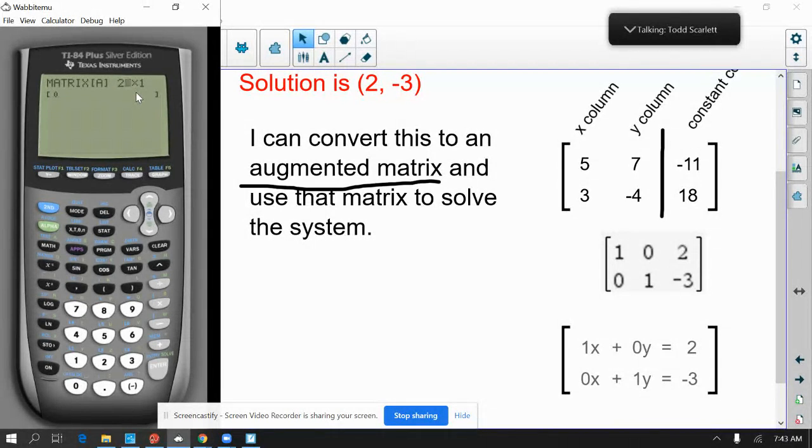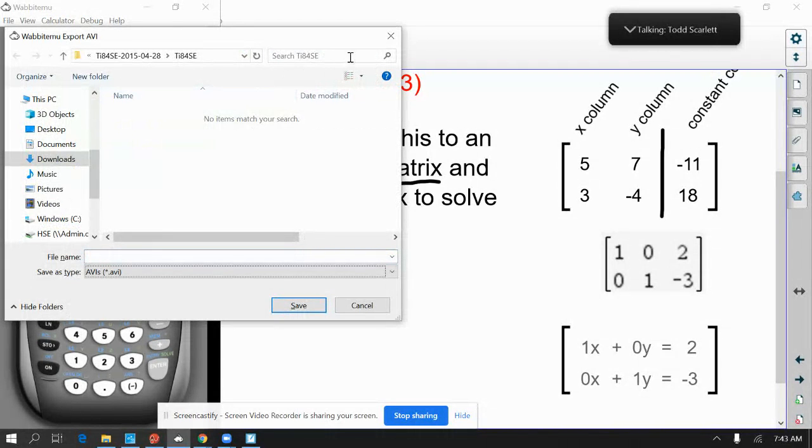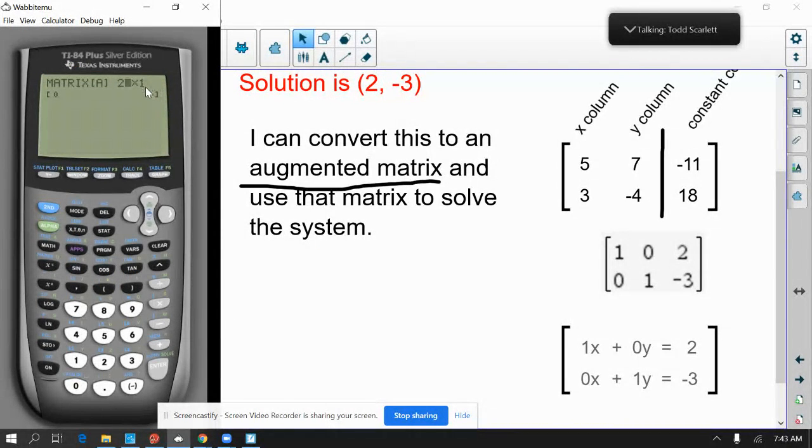There are 2 rows and 3 columns. And I type it in: 5, enter, 7, enter, -11, enter, 3, enter, -4, enter, and then 18, enter. All right, and then quit.